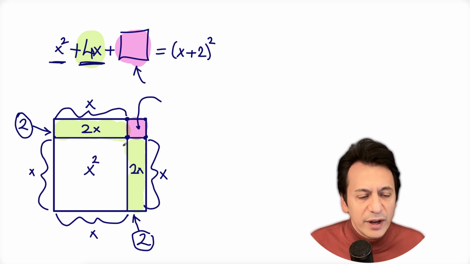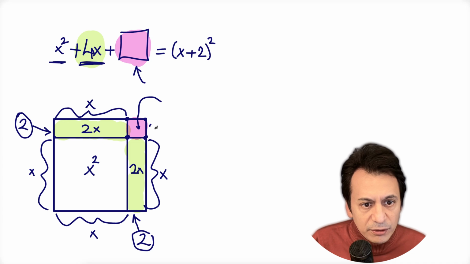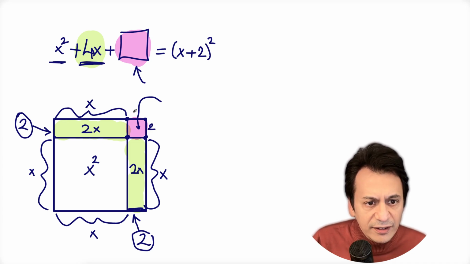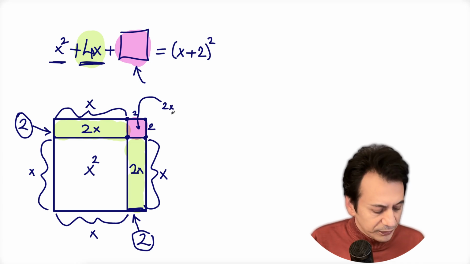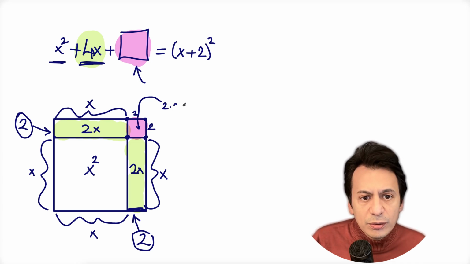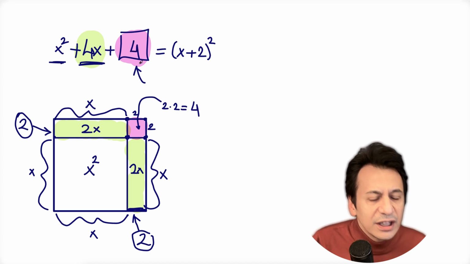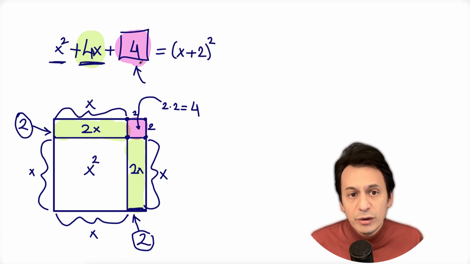Well, we're about to find out, because since this side length is 2, this will be 2, and the same is true for this side. So the area is 2 times 2 equals 4. So if I add 4 here, now I can safely say that I have a perfect square.